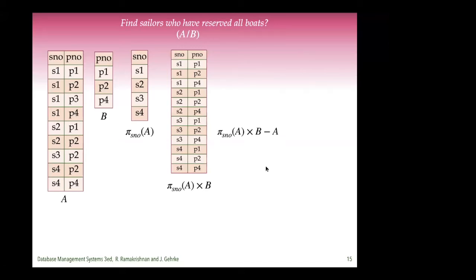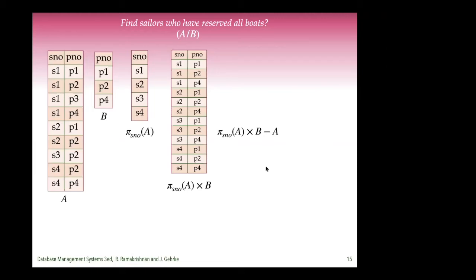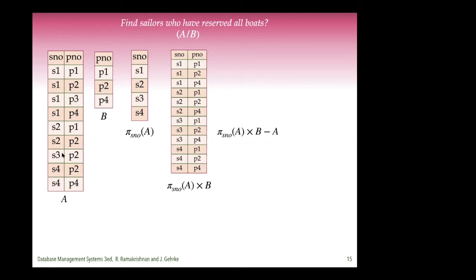All the sailors who, and all the boats which aren't reserved. Say that again, all sailors who? Didn't reserve the boats, or the boats that weren't reserved. This is all possible reservations, and this is the actual reservation.